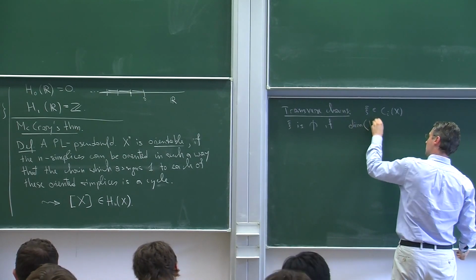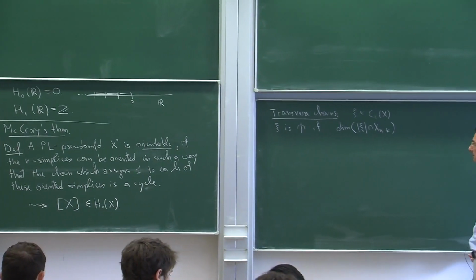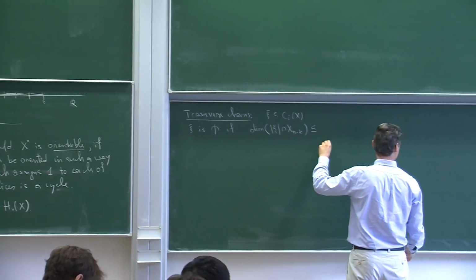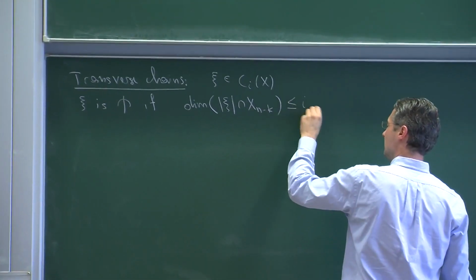So I take the support and I intersect with a stratum of codimension k, and I say the dimension of that intersection should be no more than i.